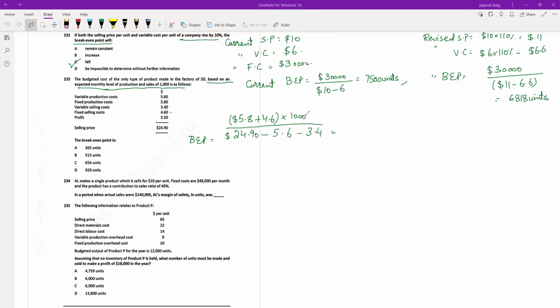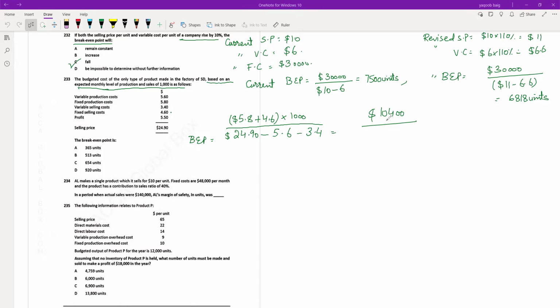So it will give us fixed cost divided by what? Contribution per unit. So first 5.8 plus 4.6 multiplied by 1000, $10,400.